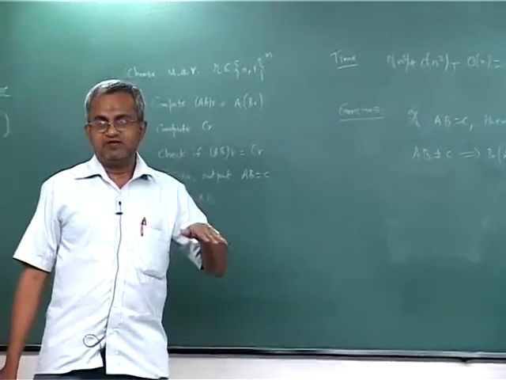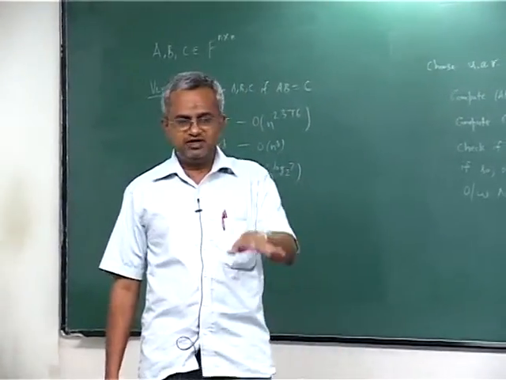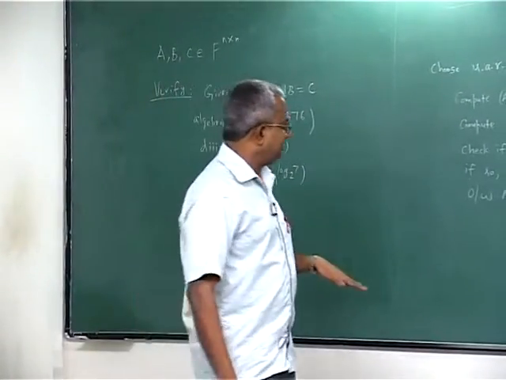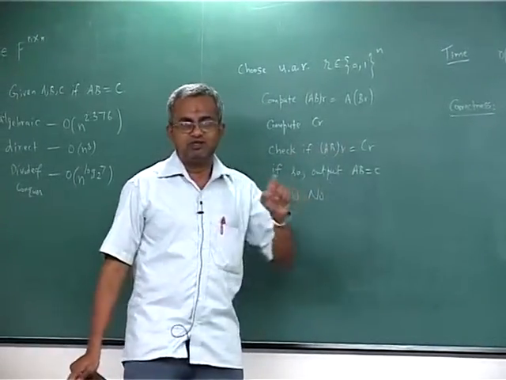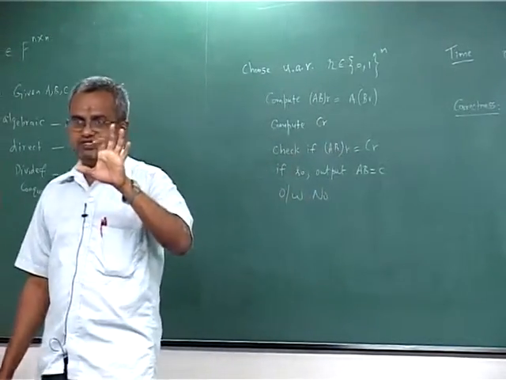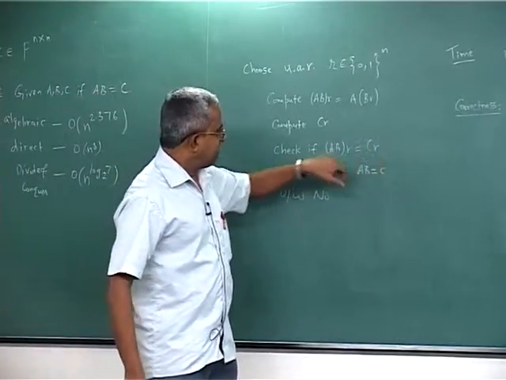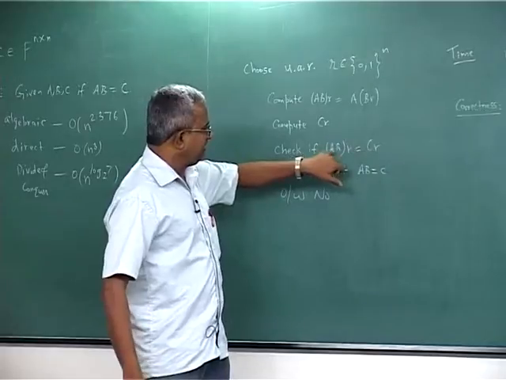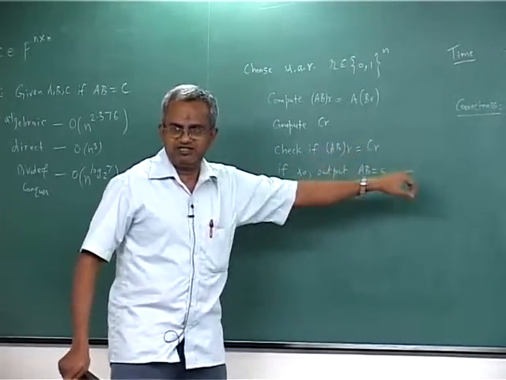Which means the first row of the matrix D is a non-zero vector, and for this non-zero vector multiplied by this randomly chosen vector, you get a 0, because ABR equals CR is equal to saying (AB minus C) times R is 0, which is equal to saying DR is 0.